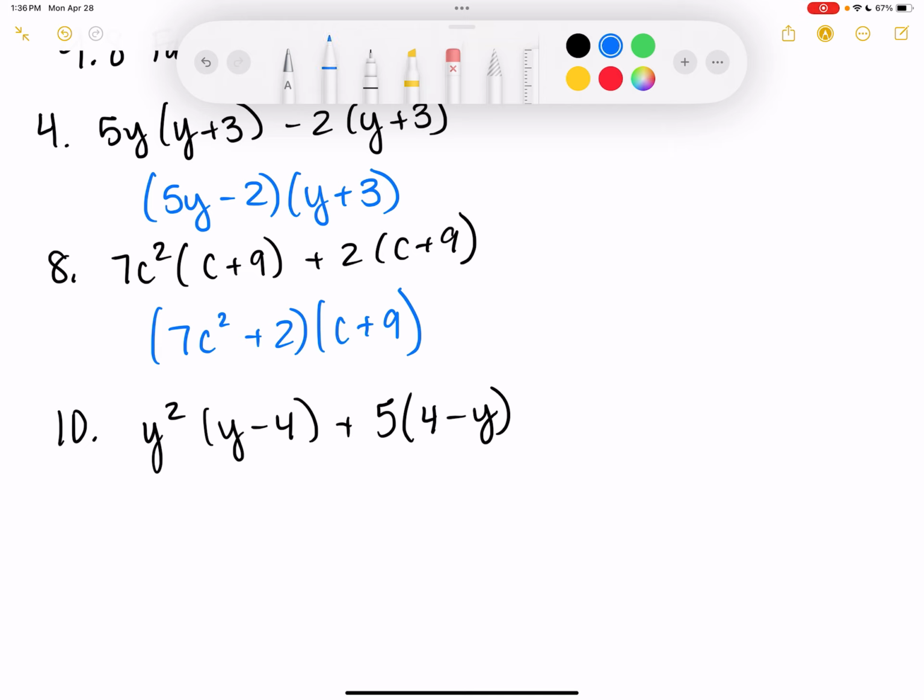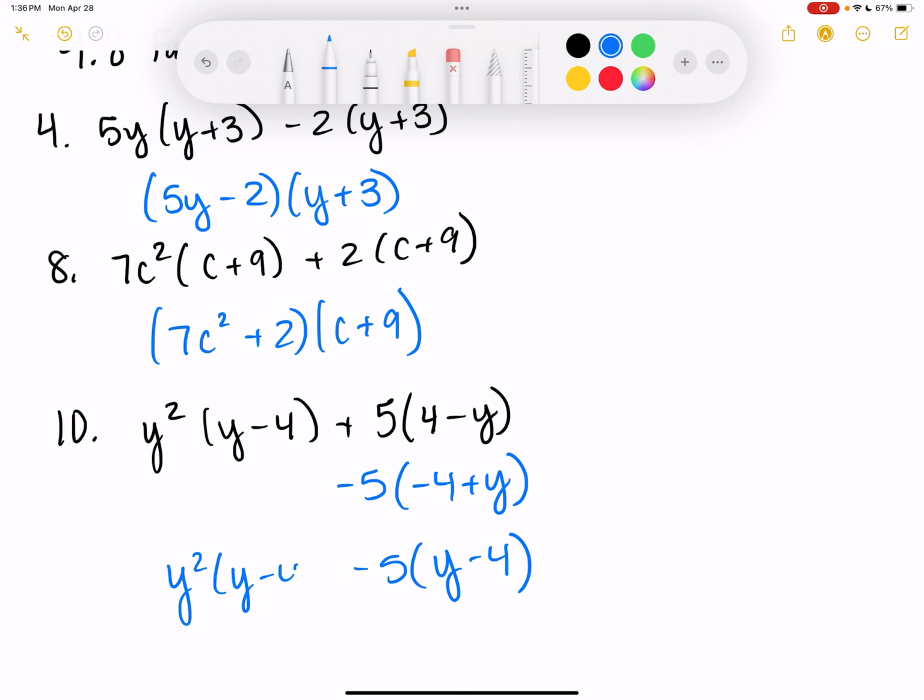So that's going to be negative 5 times, and now this will make this negative 4 plus y, or I can write this as negative 5 times y minus 4 if I want to swap the term order so that it looks exactly the same. Either of these would be equivalent, so it doesn't really matter. And then I've got the y squared times y minus 4, minus 5 times y minus 4.